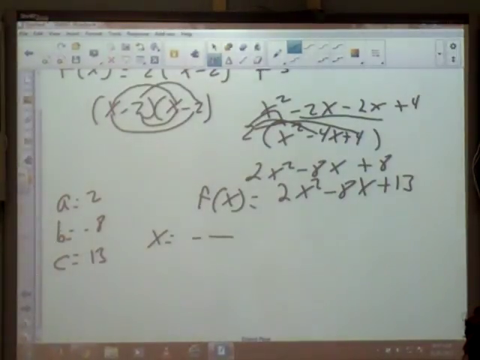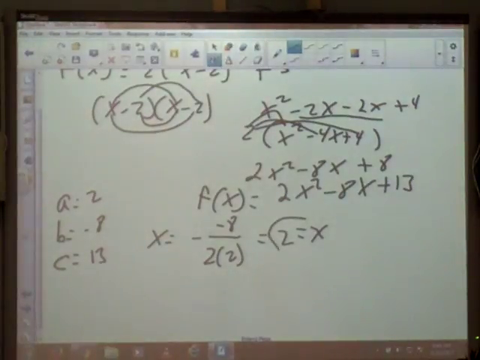X equals negative B over 2A. Everybody see how I plugged all that in? Now we got a negative divided by a negative, so that is a positive. 8 divided by 4. So we get an axis of symmetry at 2. Y'all got that? Agree? Awesome.